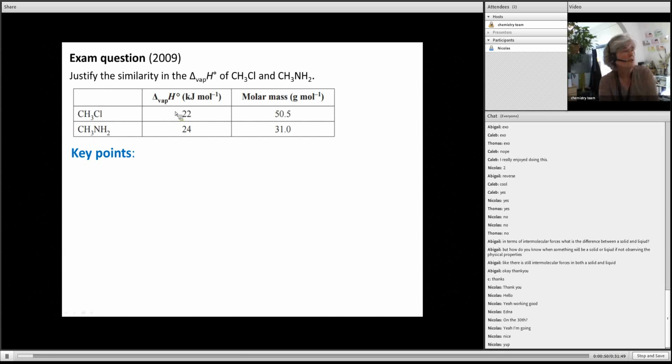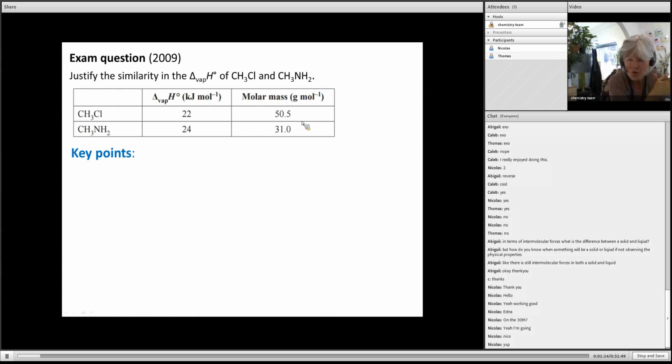So here you're given a delta H VAP for chloromethane being 22, and for methyl amine, or methanamine is the IUPAC name, is very similar, just slightly more, but you're also given molar masses.